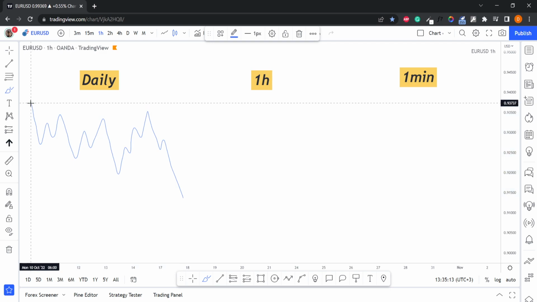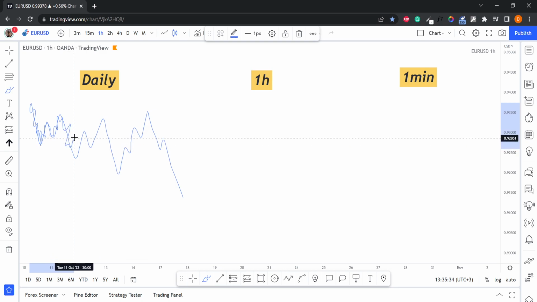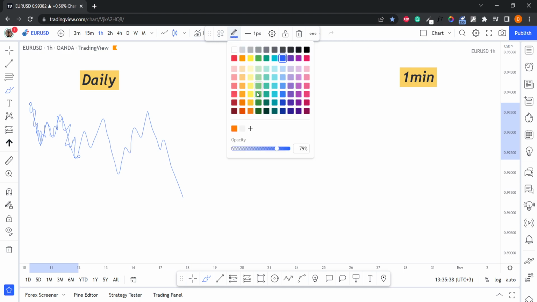So on 1 hour, we will in fact see moves like this. So market will go up and down, and even though sometimes the daily will go down like here, we will have occasions where 1 hour will still move to the upside.